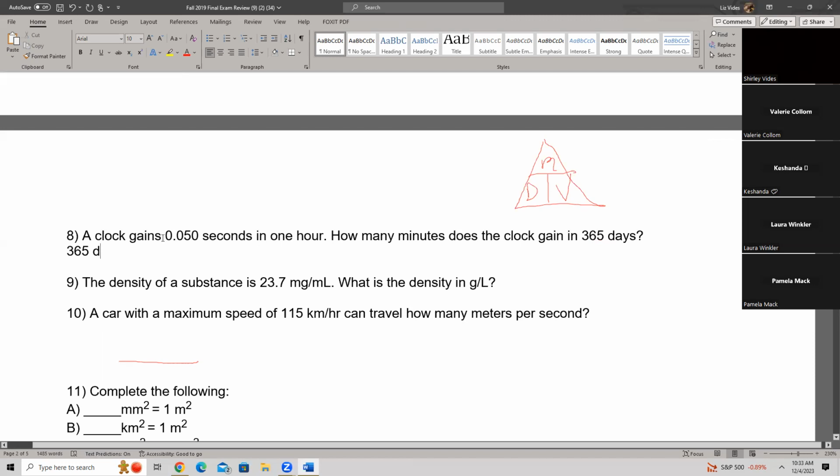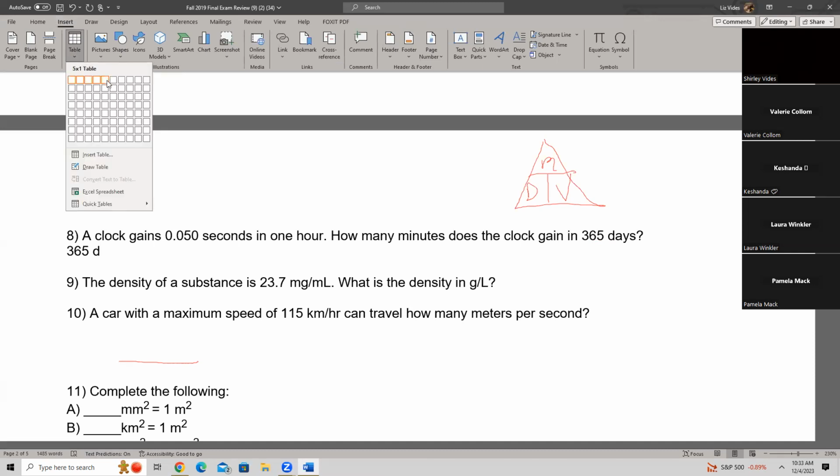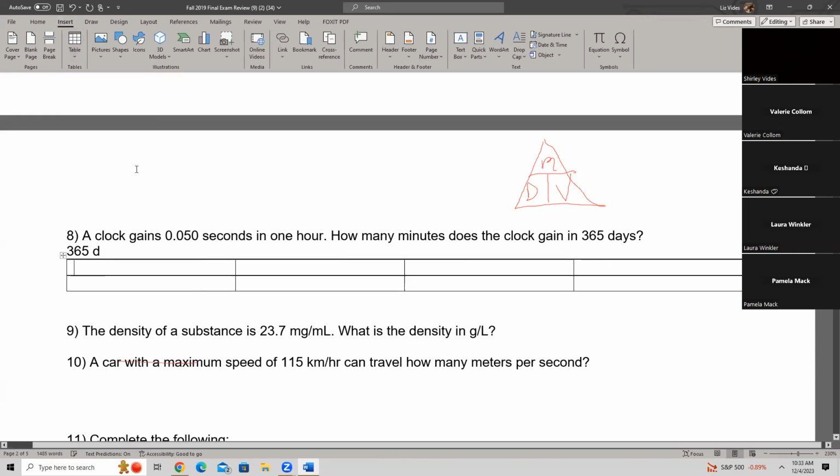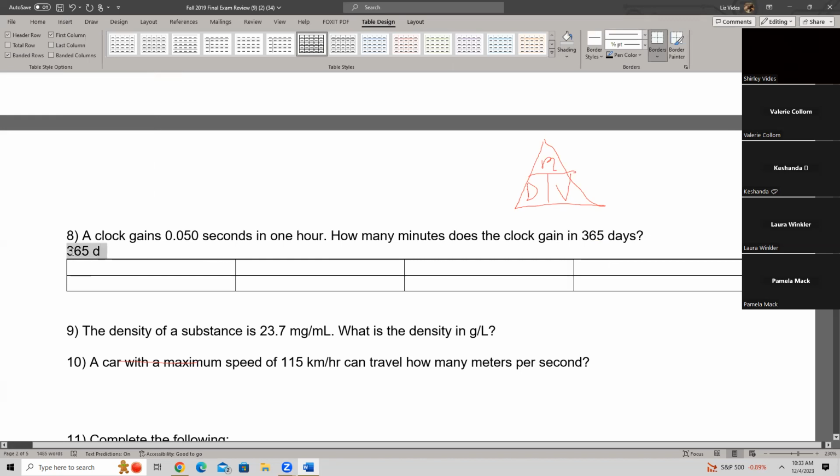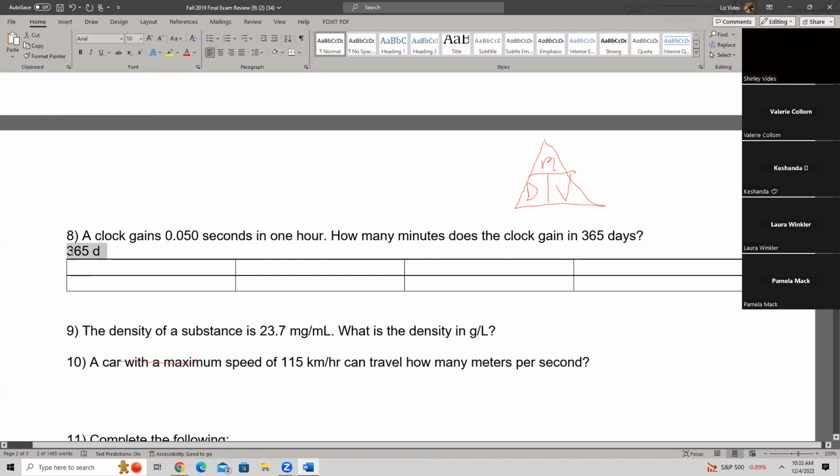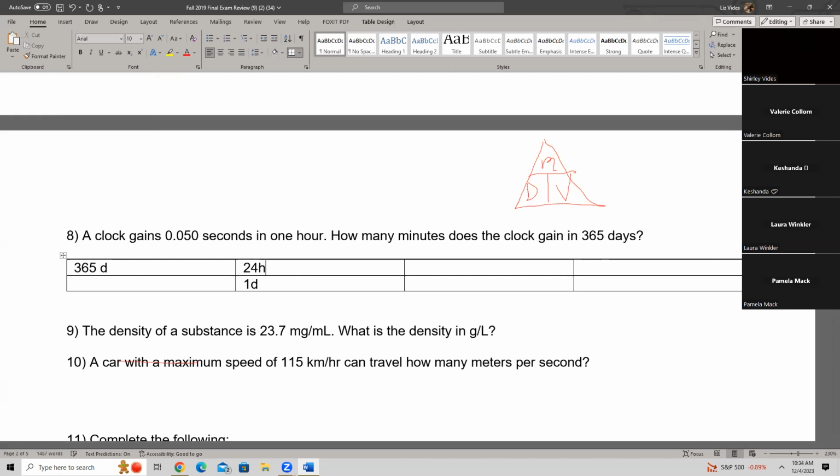So, oops, let's just put in one of those things again. It won't let me put it in there, so I'm just going to stick it in here. Insert table, let's say 4 again. Okay, and let's start with this number, right? Which goes inside. All right, so we know that 1 day has 24 hours, sorry. We just changed it.